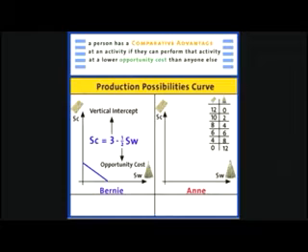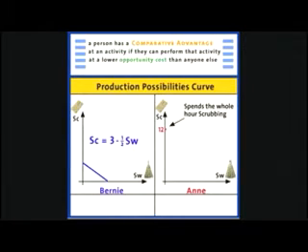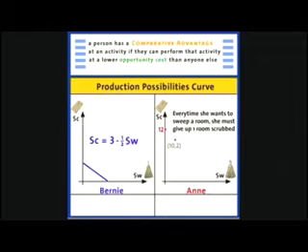So that gives us combinations like 10 and 2 and 8 and 4 and so forth. And we get these points all the way down the curve. Every time Ann decides that she wants to sweep an extra room, she loses a room worth of scrubbing, until finally we get down to this horizontal axis where she's sweeping 12 rooms and scrubbing 0 rooms.